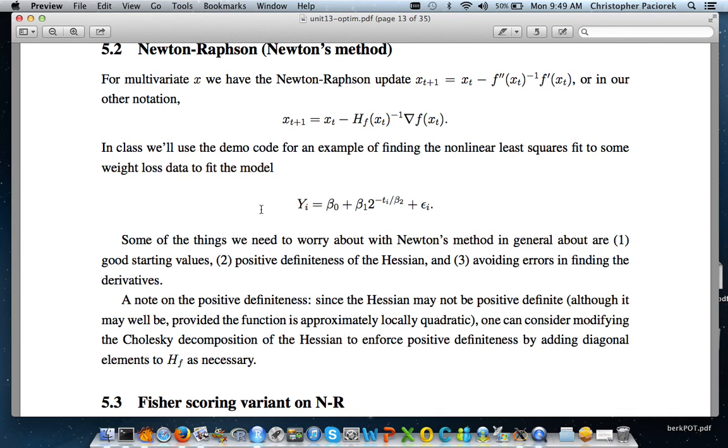So I'm just going to be trying to minimize the sum of (yi minus beta 0 minus beta 1 e to the minus ti over beta 2) squared. So at least in these parameters, this is a nonlinear least squares problem.